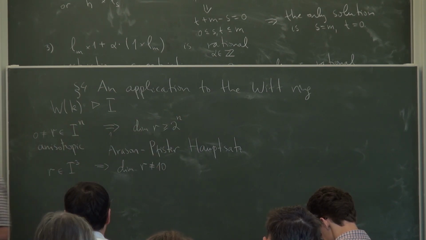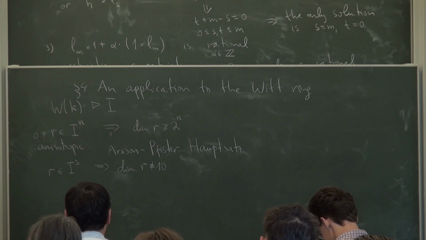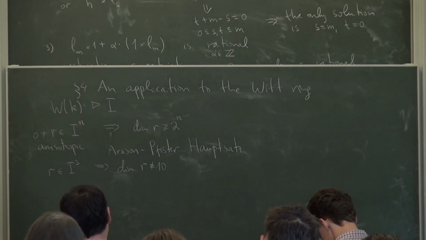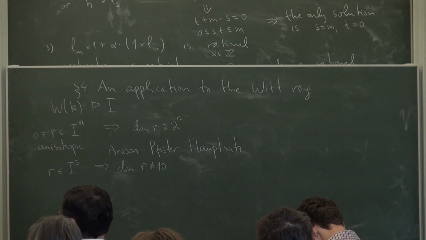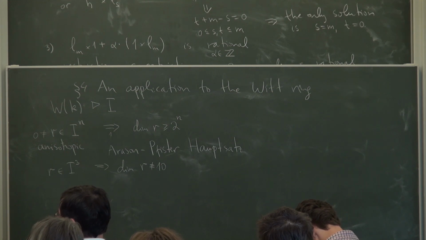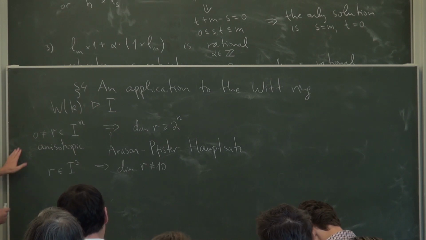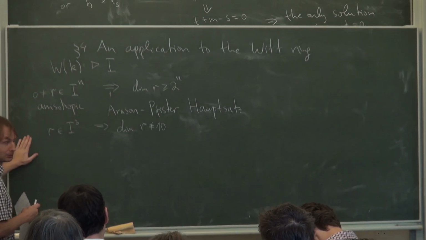All other dimensions are possible over suitable fields. And in general, there is a result of Vyshek or Karpenko, a complete answer for any n, a complete list of all possible exceptions.